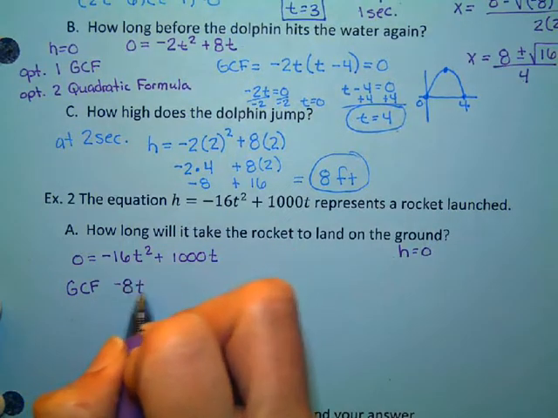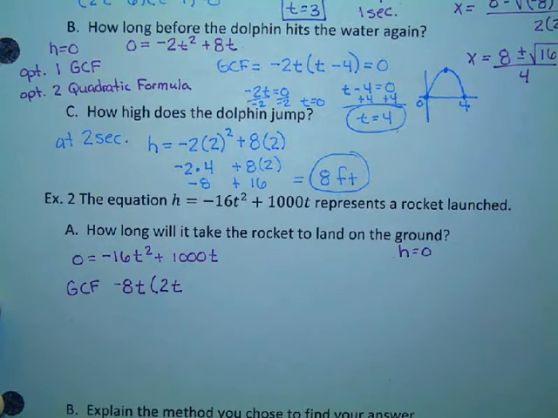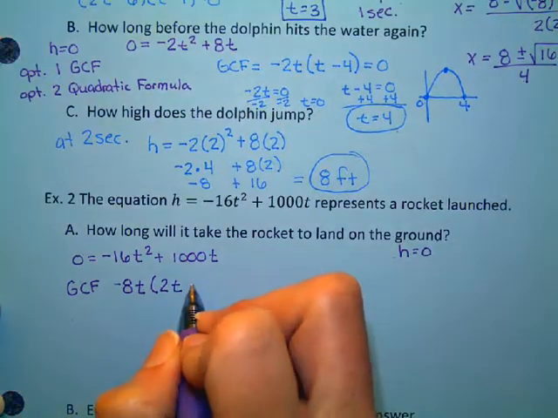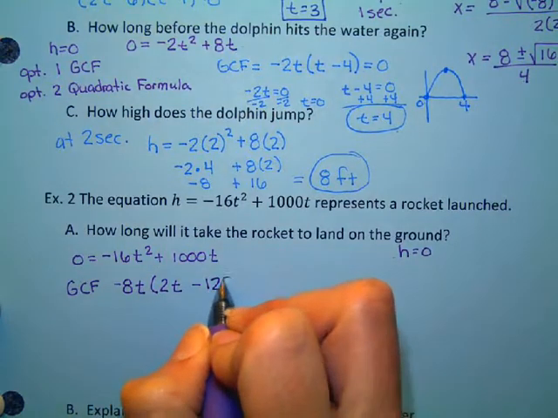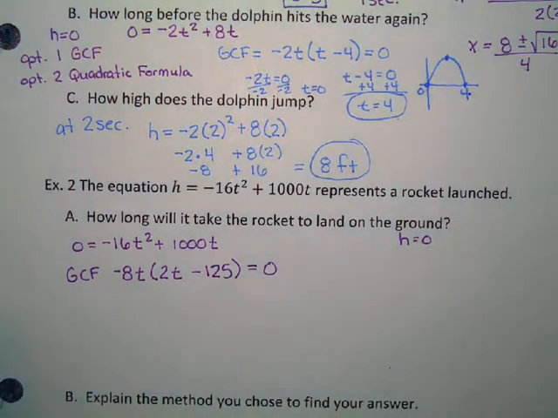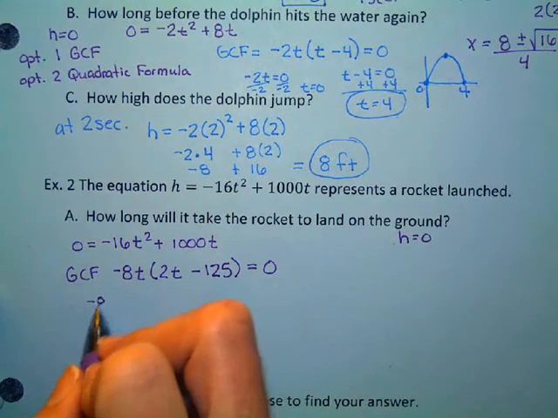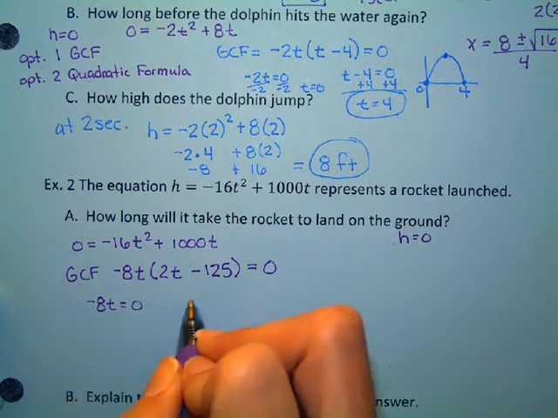That'll give me positive 2t minus 125 equals 0. Because our height was 0 equals 0, so negative 8t equals 0. And 2t minus 125 equals 0.